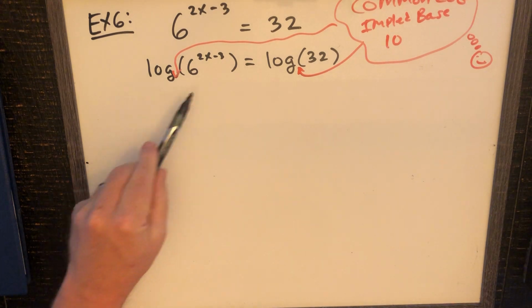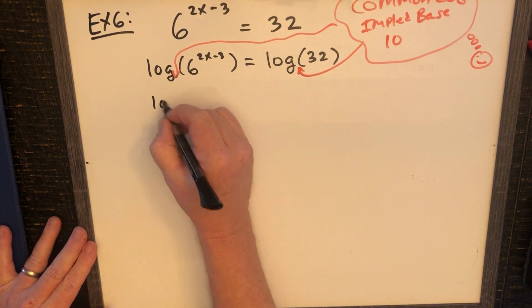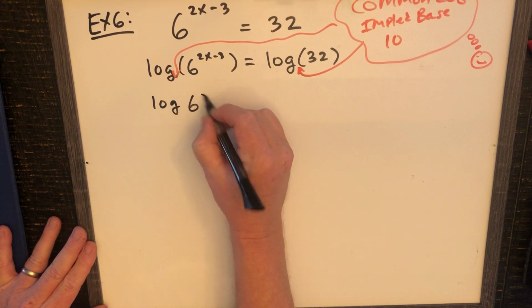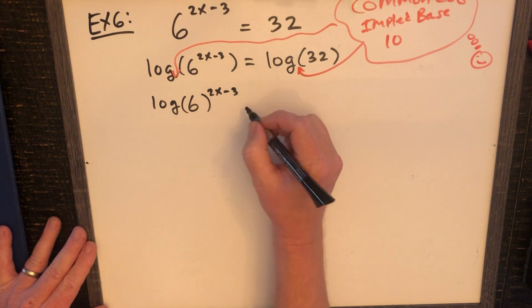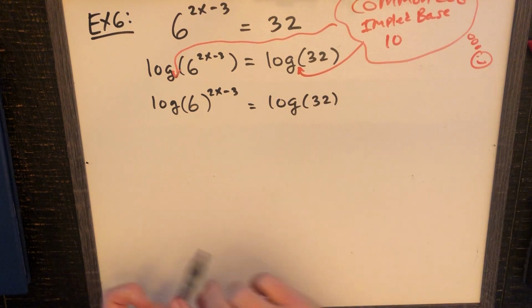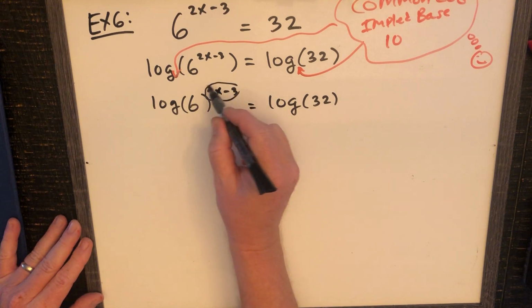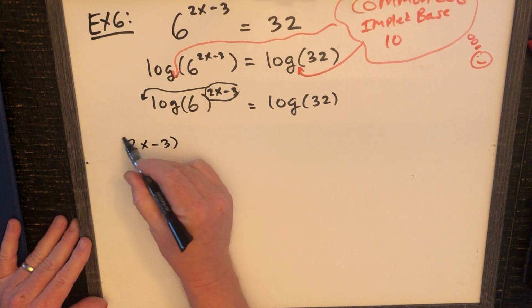So the 6 and the 10 do not have the same base, so we are not going to get that nice cancellation property. However, we will still be able to invoke the exponent property. You can always use the exponent property, bringing the exponent down to the front and writing it as a coefficient.